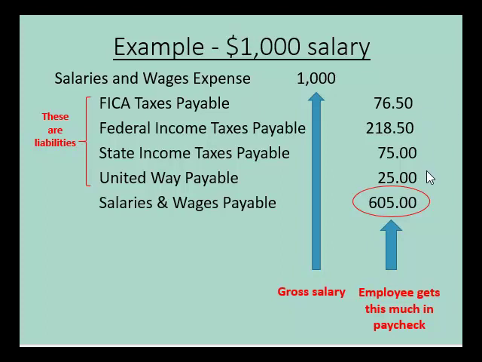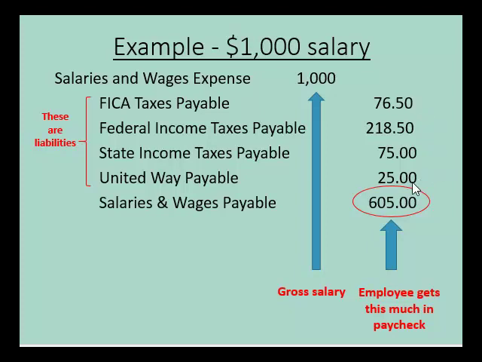And then the credits that you see to each of these payable accounts represent the amounts withheld from the employee's paycheck that are going to be turned over to Social Security for the FICA taxes, to the federal government for the federal taxes, to the state for the state income taxes, and to the United Way for a charitable donation.